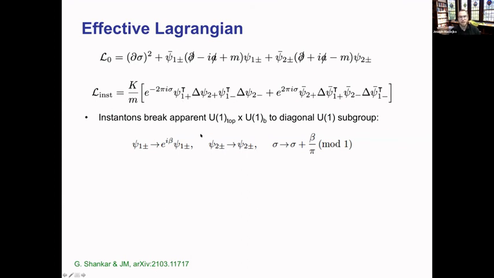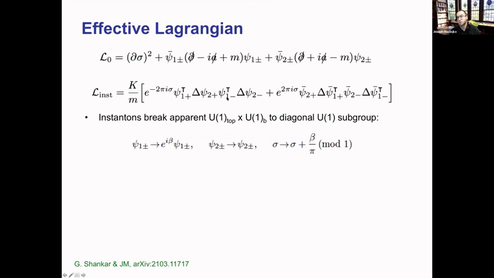The first effect is that, as it should, these instantons break this enlarged spurious symmetry of the original theory, which is the global symmetry of the bosons, which can be implemented as a global U1 charge for, let's say, one of the fermions, say psi 1. But there's also this U1 topological symmetry, which is a conservation of flux in an abelian gauge theory, which obtains for a non-compact theory.